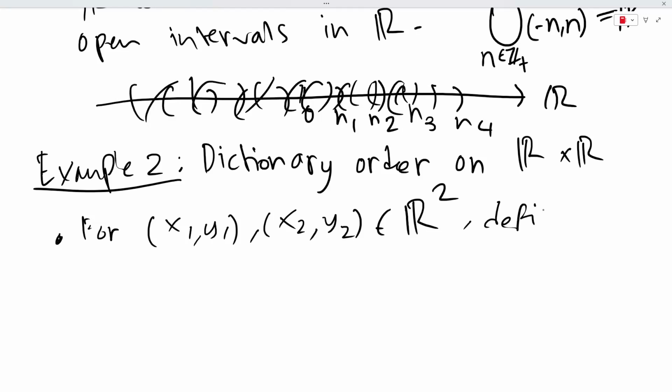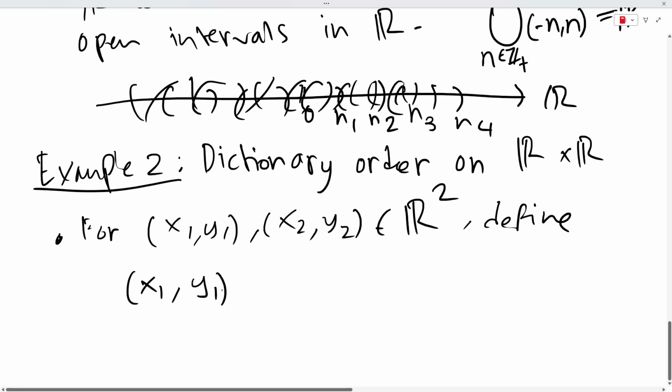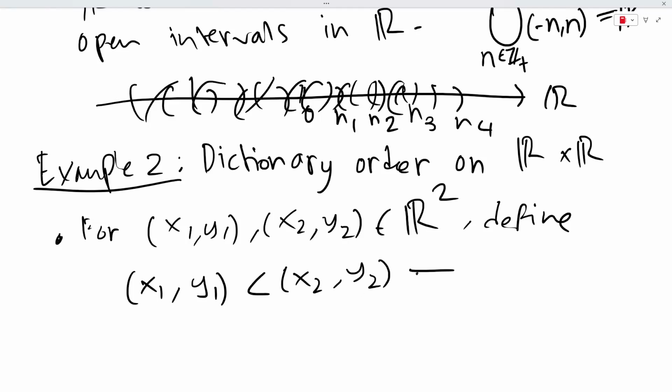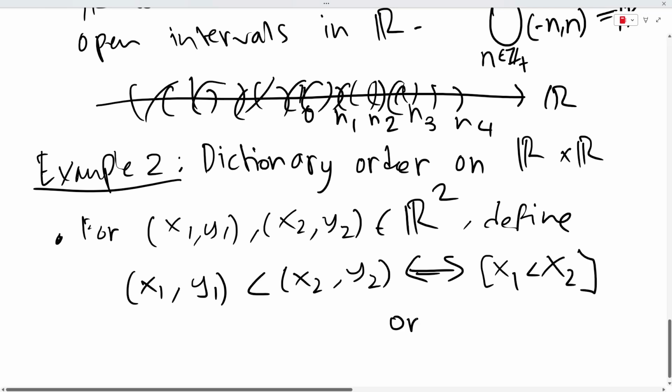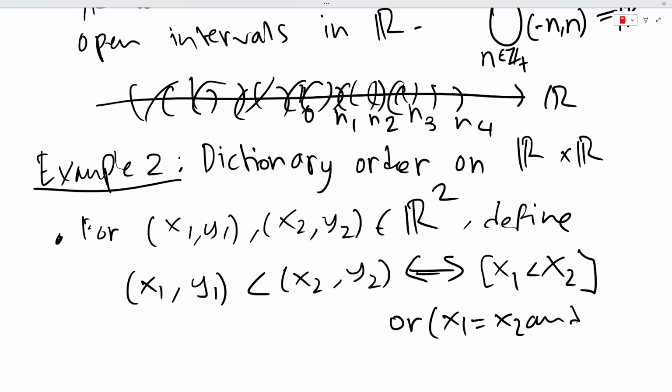We define the dictionary order like this: (x1, y1) is less than (x2, y2) if and only if x1 is less than x2, or if x1 equals x2, then y1 is less than y2.